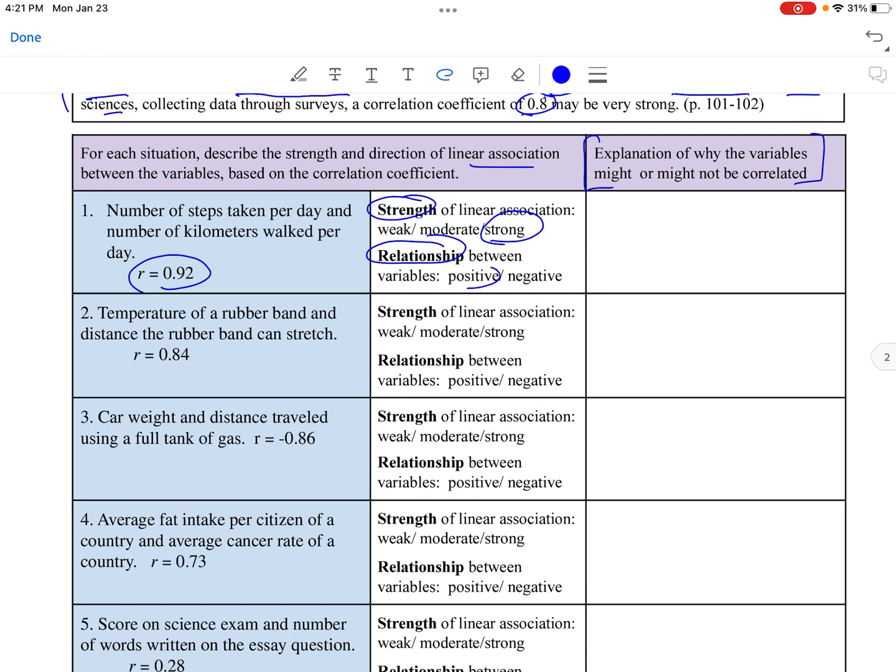And it's positive, so it's going to be a positive linear association. And explain why this might be true. Every time you take a step, it increases how far you've walked each day. So it would make sense that as steps increase, distance traveled increases.